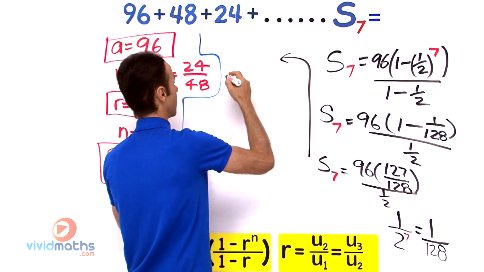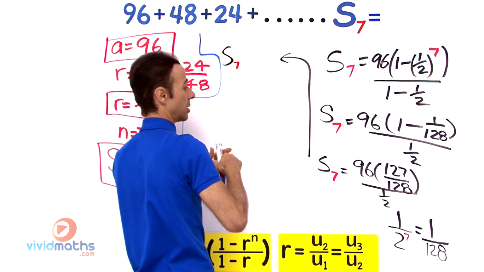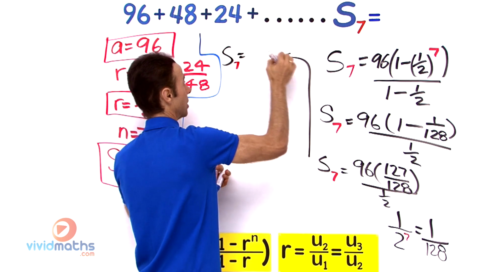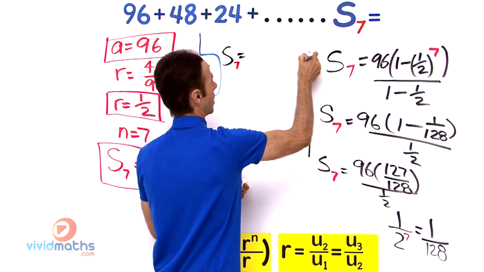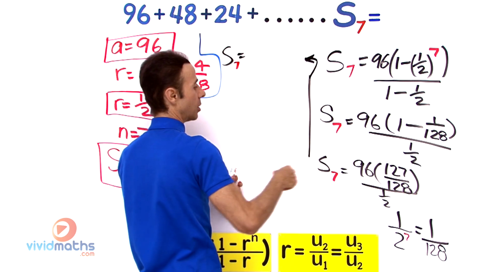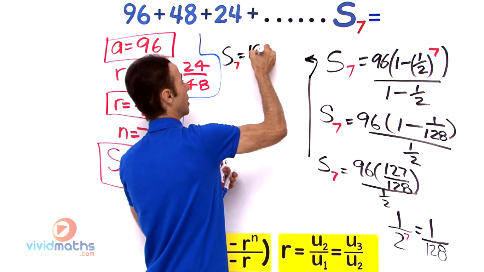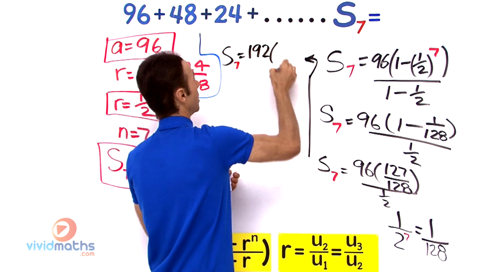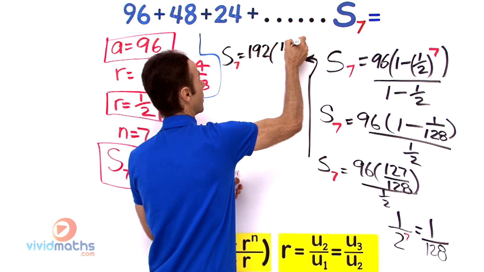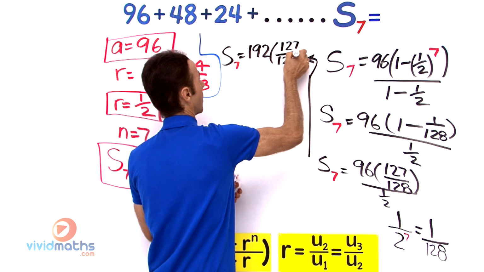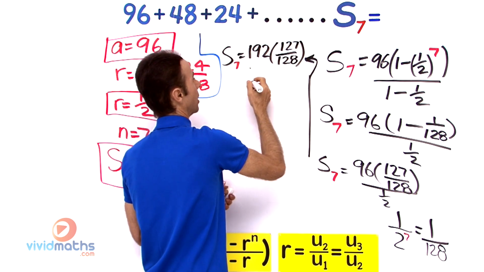So S sub 7 equals 96 divided by 1/2, which is 192, times 127 over 128.